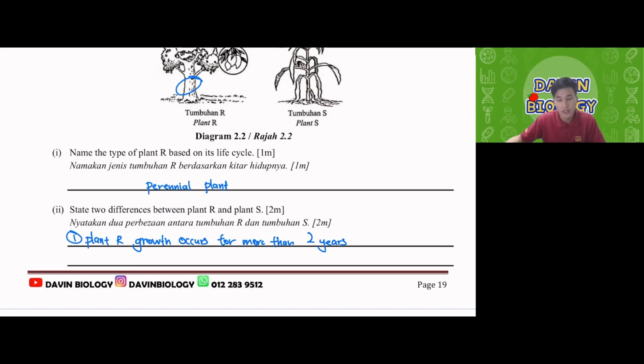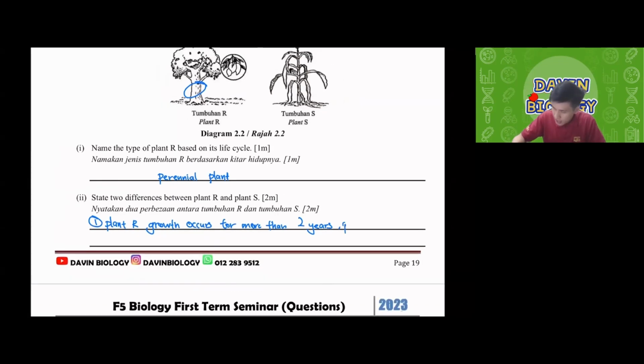And then you can say plant S, you can say live for 1 year, or you can say complete its growth within 1 year, or life cycle within 1 year.